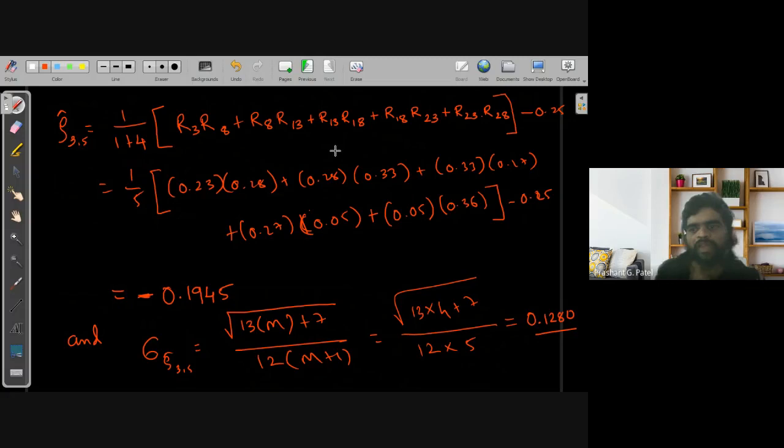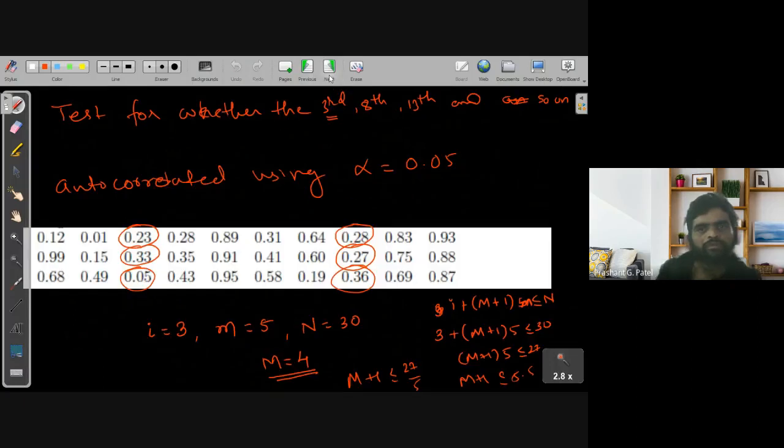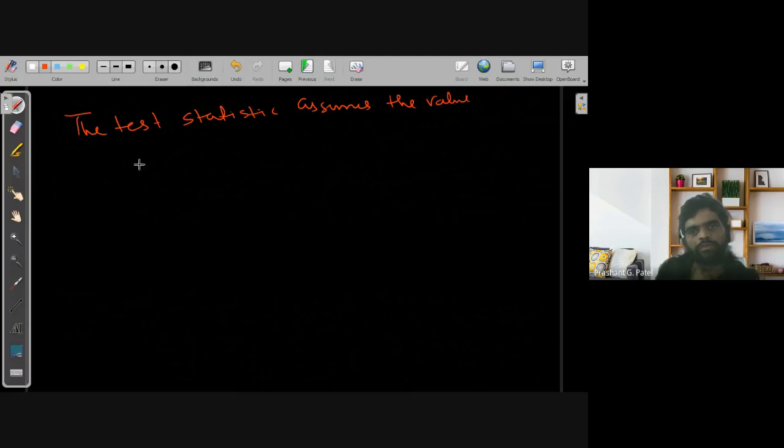Then we have the Z0 value, that is, the test statistic assumes the value Z0, which is rho 35 upon sigma rho 35.